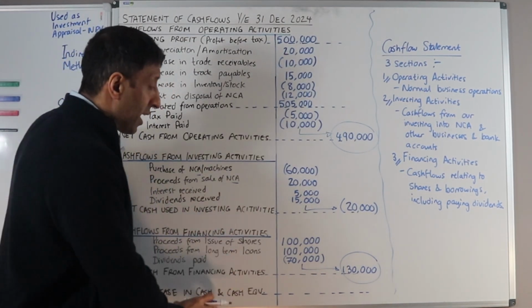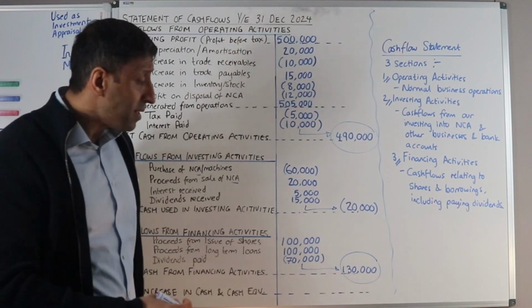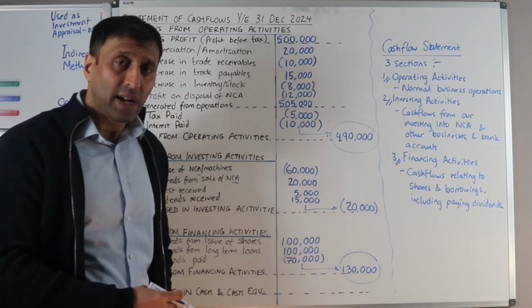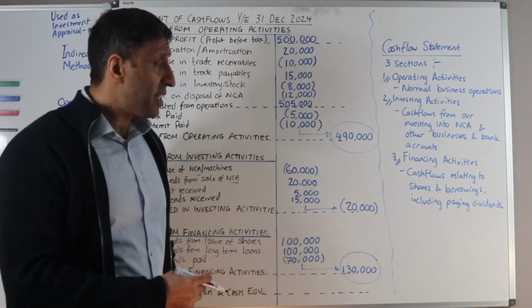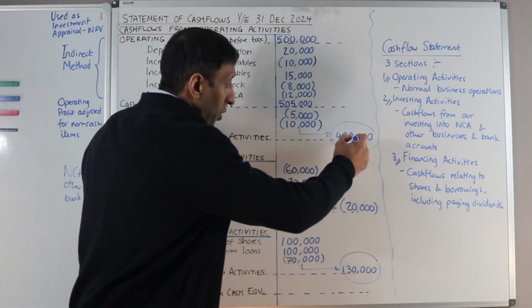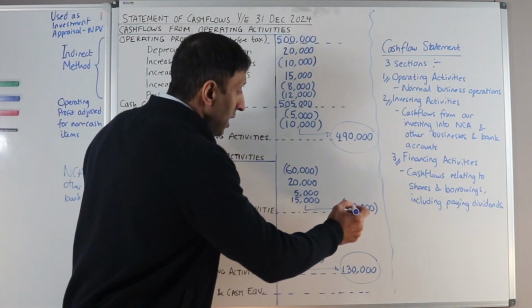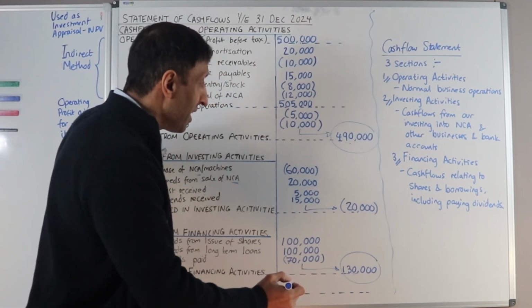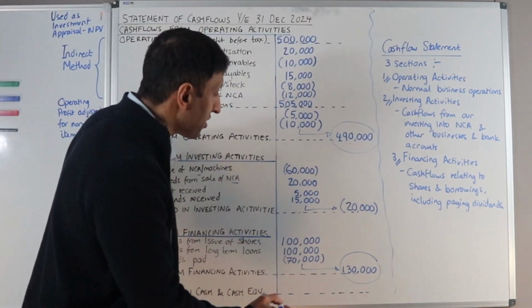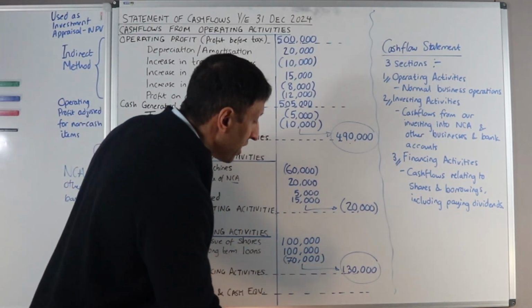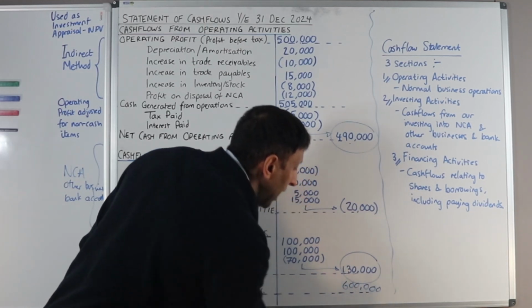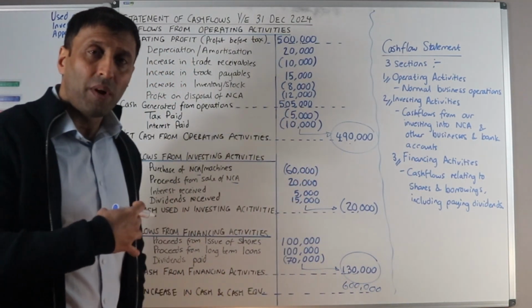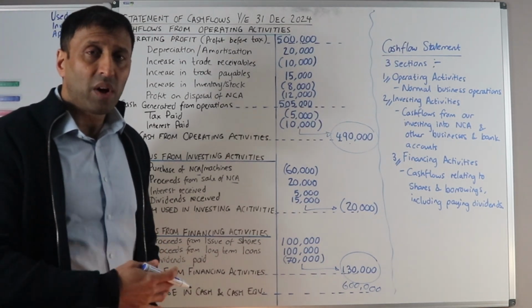And from financing activities, we've done well again. We have received from financing activities 130,000 this year. Now, if you then add up all three, 490, we have to minus 20, that makes 470, and then add 130, that makes a total of 600,000 cash gained from the activities over the last 12 months.